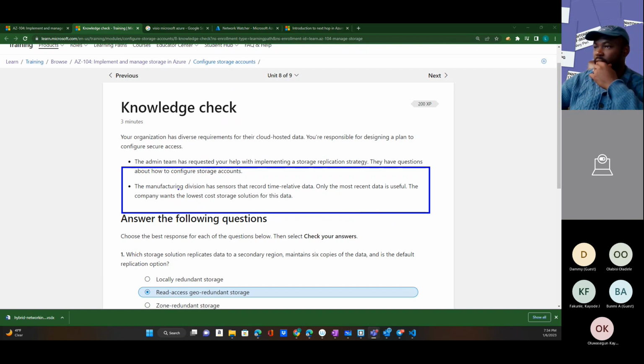The company wants the lowest storage solution. So start thinking as a solution architect. When you are providing solutions, very important, pay attention now.